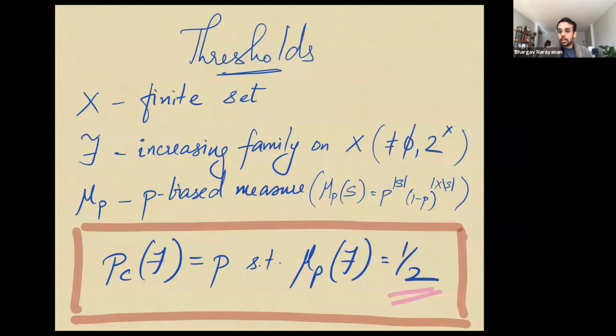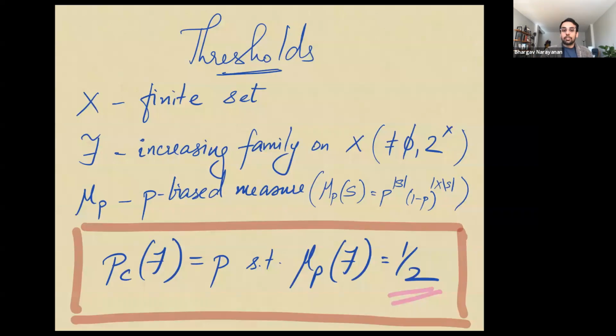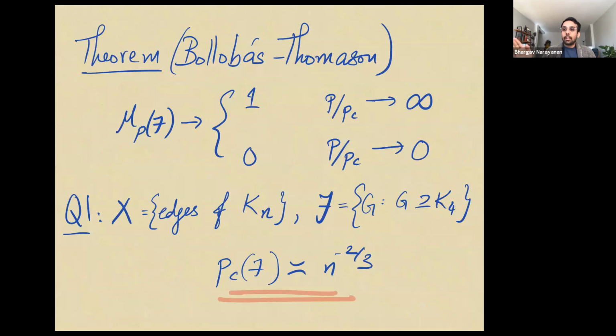Okay. Now, a good question to ask, having just seen the calculation that we saw for K4s in G(n,p), is why are we calling this the threshold value? And the reason for this is a well-known old result of Bollobás and Thomason, the Bollobás–Thomason theorem, that says that actually this value p_c that we just defined, the critical probability, or the threshold, as I call it, for this increasing family, if you scale your probability p around that critical value in a multiplicative sense, so if you think about how p over p_c varies, if it is incredibly small, it turns out as long as you have a non-trivial increasing family, the p-biased measure will tend to 0.